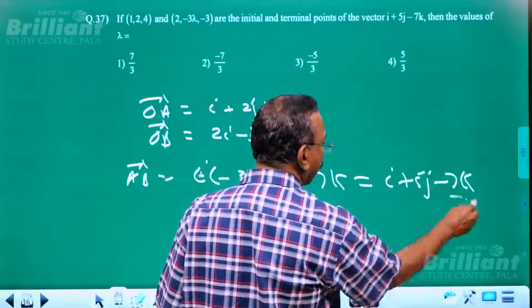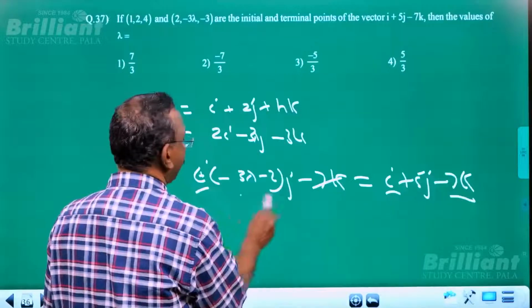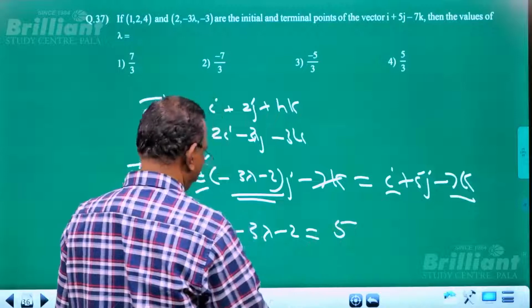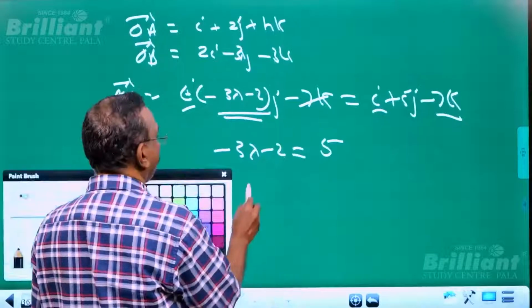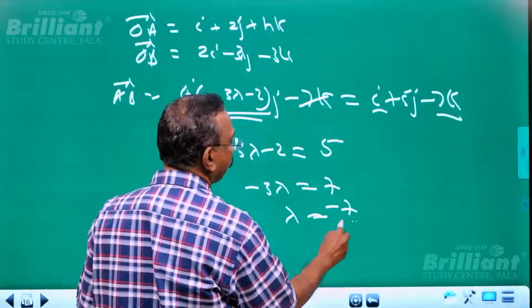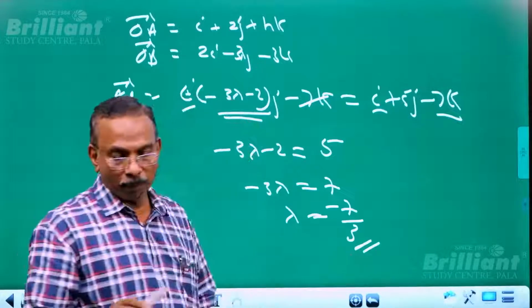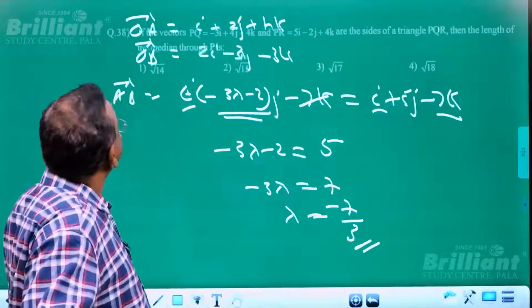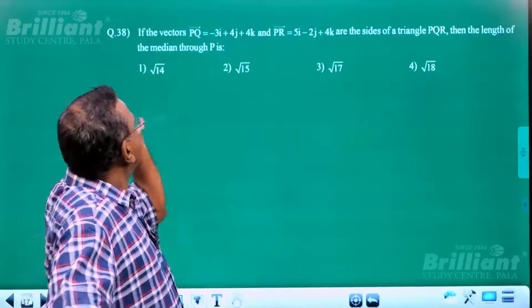You can ignore the -7k and take these two. Then you can equate: -3λ - 2 is exactly 5. So -3λ is equal to 7, or λ is equal to -7/3. This is the answer to that problem, so option number 2. Now, question number 38.